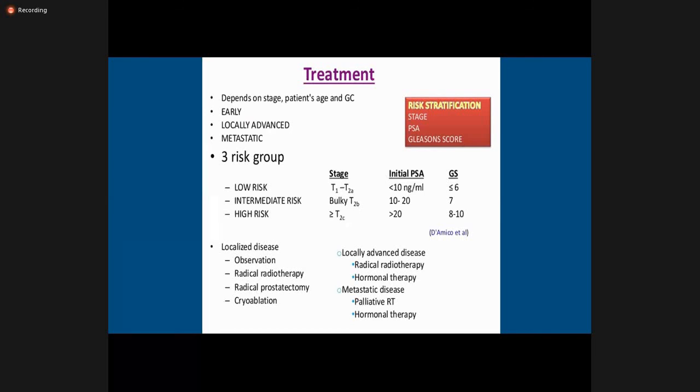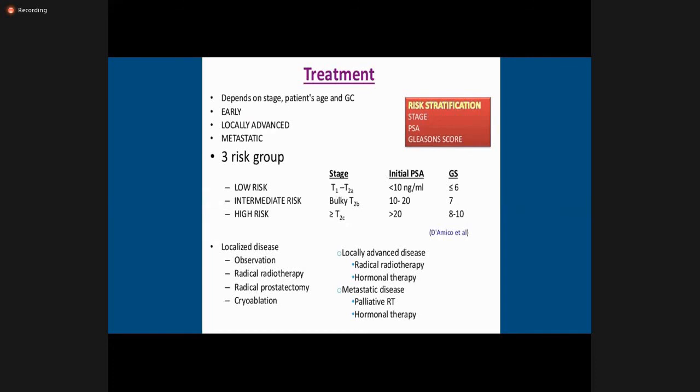If somebody is having stage T1 and PSA less than 10 and Gleason score less than 6, then probably he's in the low risk group. If somebody is having T2 and PSA between 10 to 20 and Gleason score around 7, then probably he is in the intermediate risk.